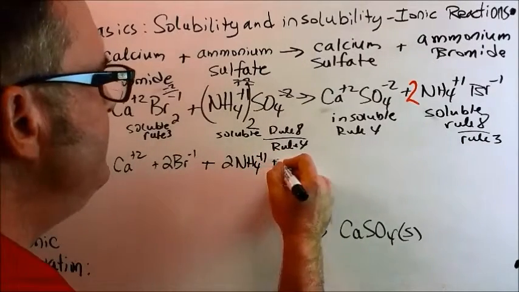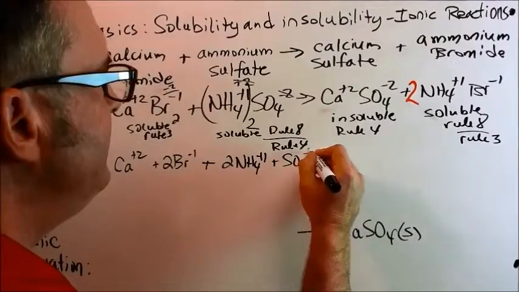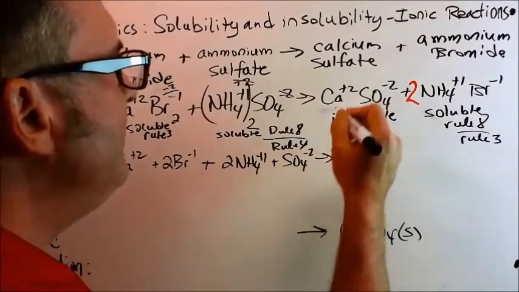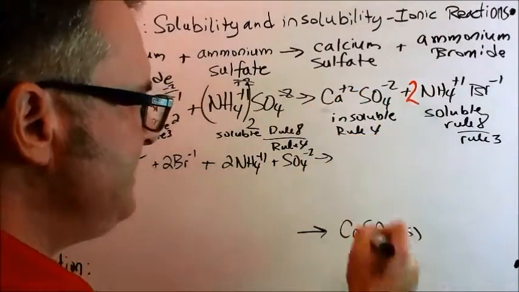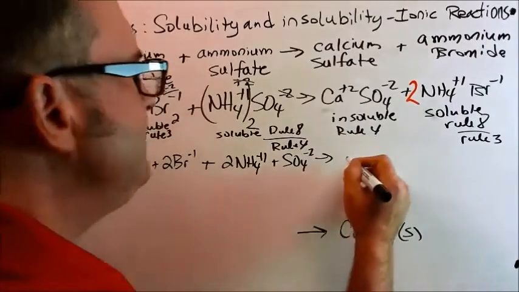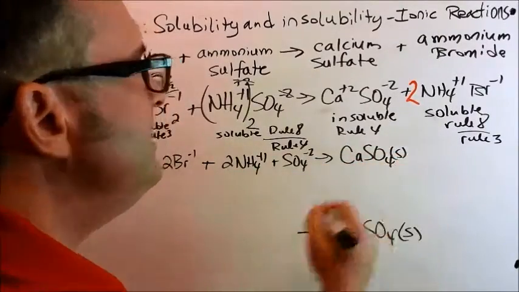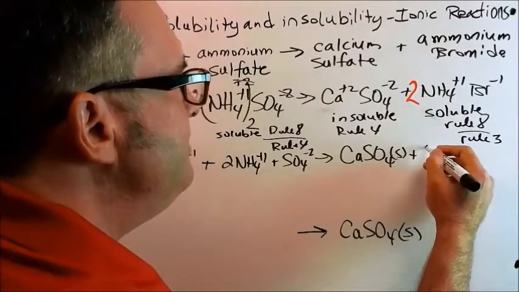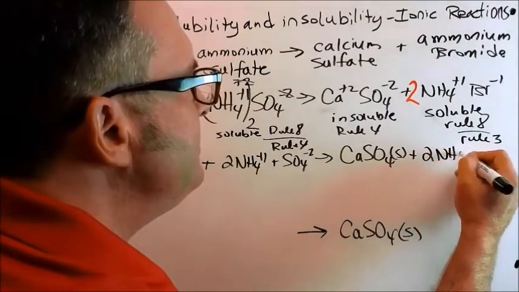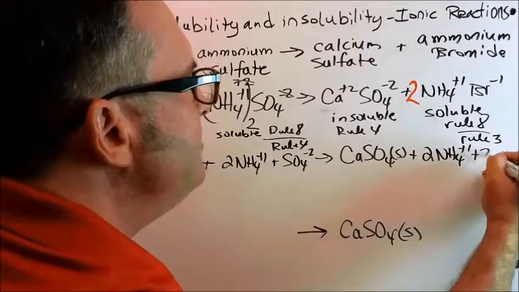We have 1 sulfate -2. We have this as a precipitant, so we're going to just leave this just like it is. We have 2 ammoniums and 2 bromines.